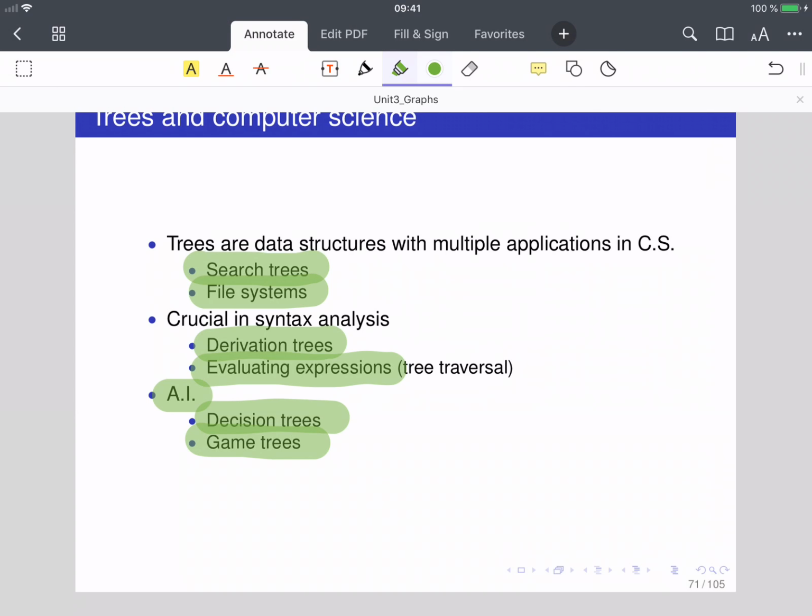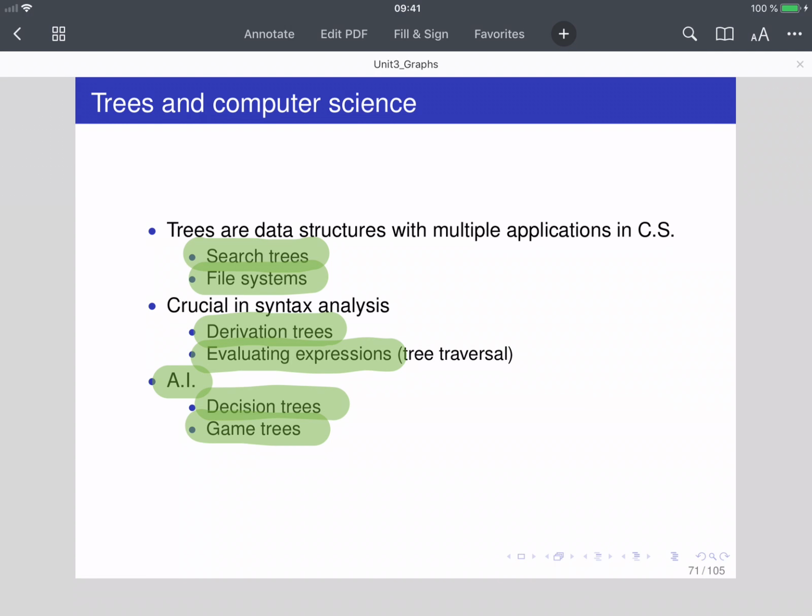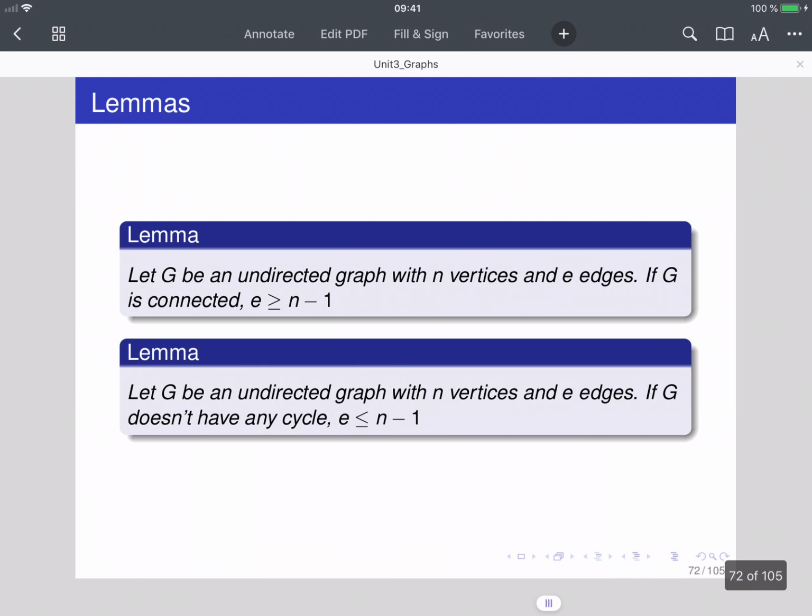Okay, and we will study here just a few of the properties of trees, and you will further study this data structure in future years, in future courses. And today we are going to give some important properties of trees, and we are also going to give some notions related to trees and to what we call rooted trees, trees in which we have a special element, a root.